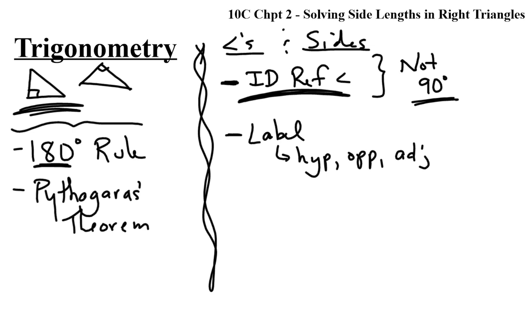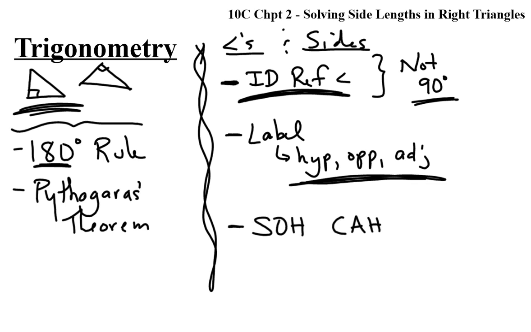And the reason that the hypotenuse, opposite, and adjacent are so important is because we then have the three trig ratios: sine, cosine, and tangent. SOHCAHTOA. Because the sine of some angle always compares the opposite side to the hypotenuse. Sine is opposite over hypotenuse.